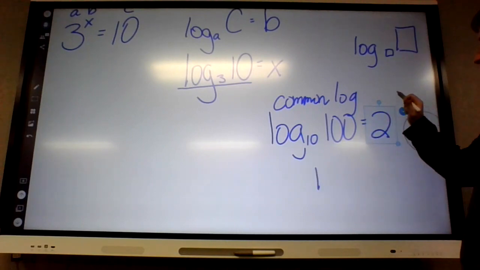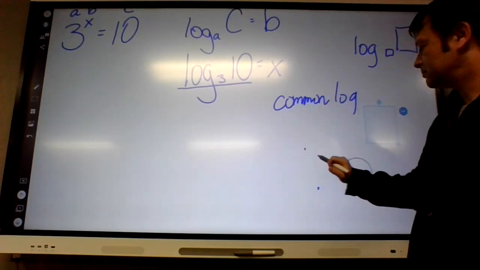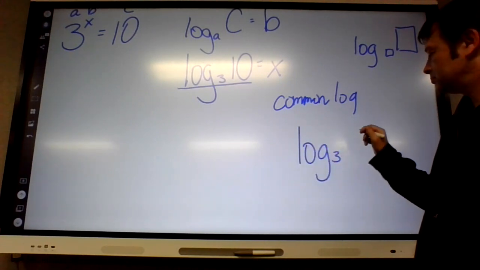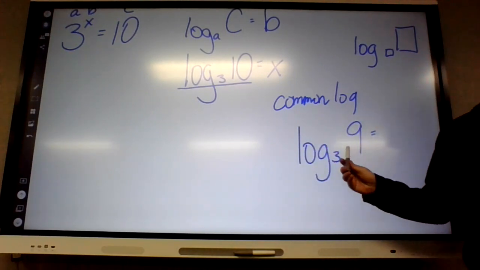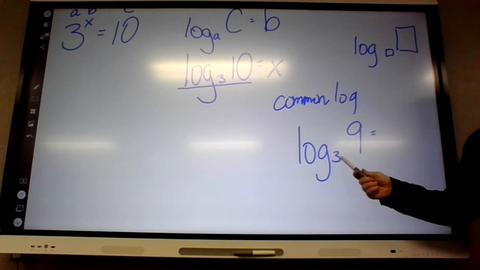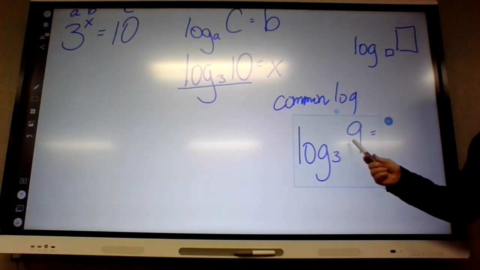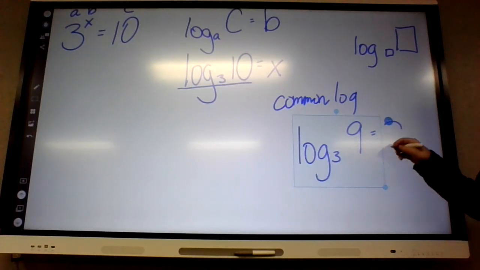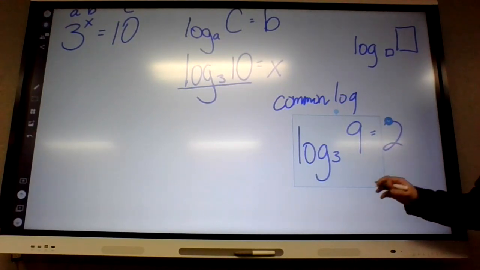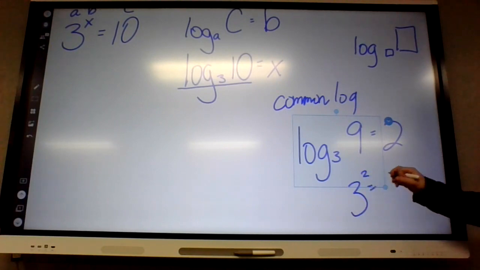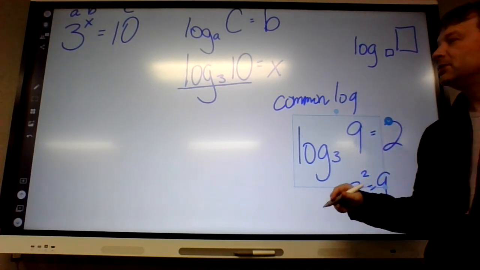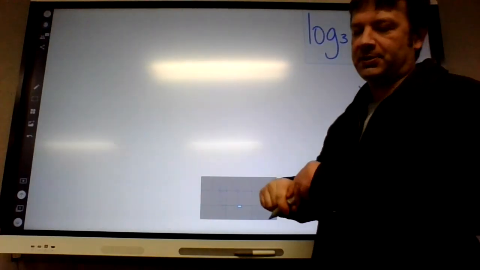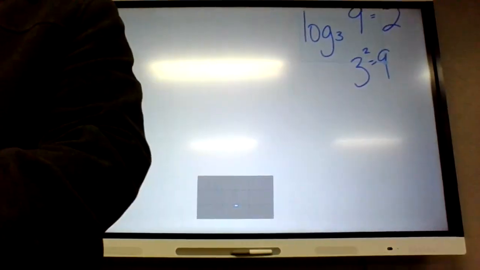If you guys don't know what's going on, let me back up. So this means 3 to the what equals 9. It's the second. So this would spit out 2. Okay? Because 3 to the second equals 9.